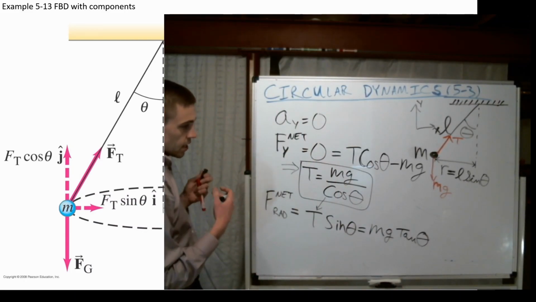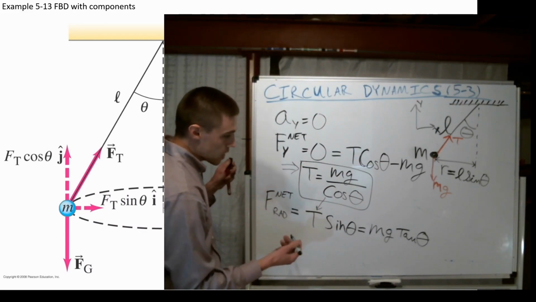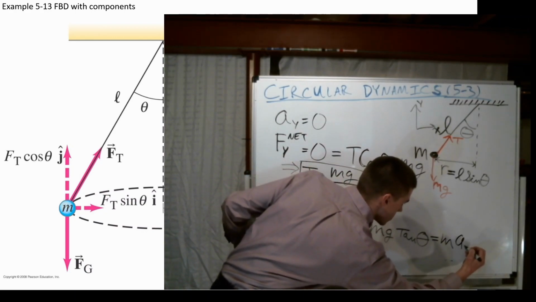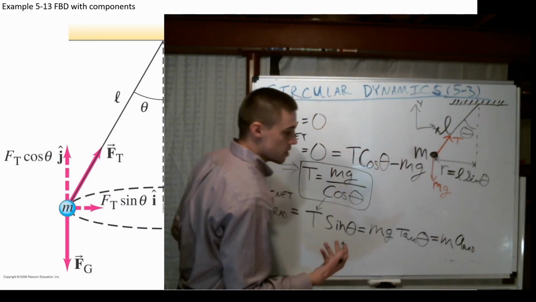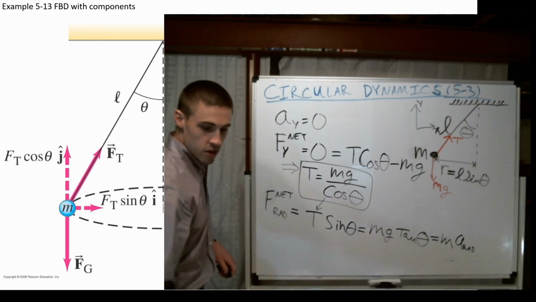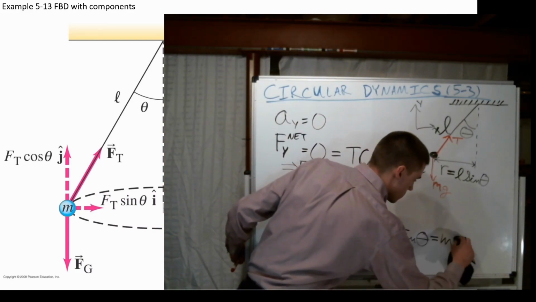Okay, and this is the net force in the radial direction. So it's equal to m times a radial. And I know from our earlier discussion that the acceleration in the radial direction is just v squared over r.